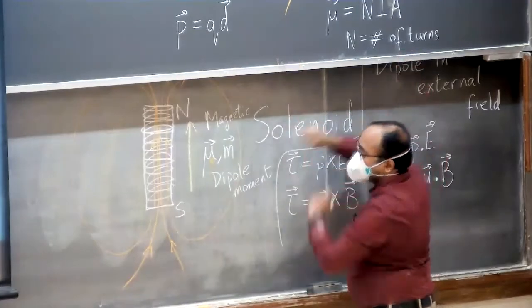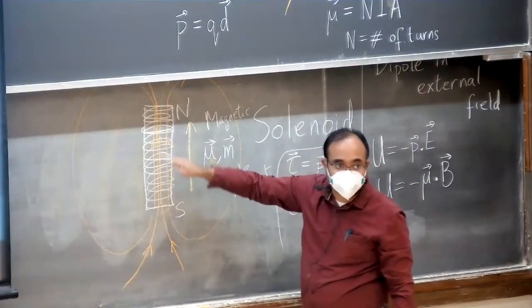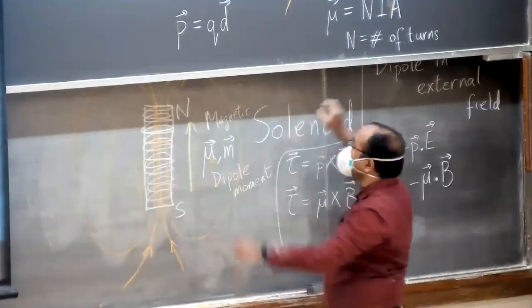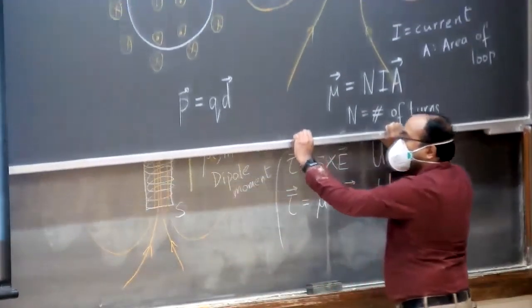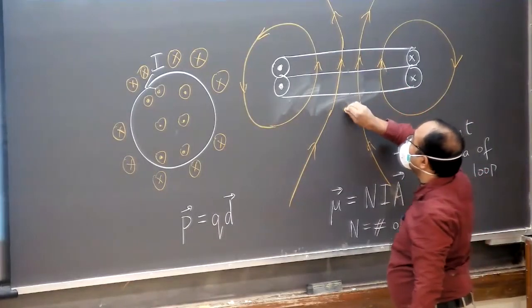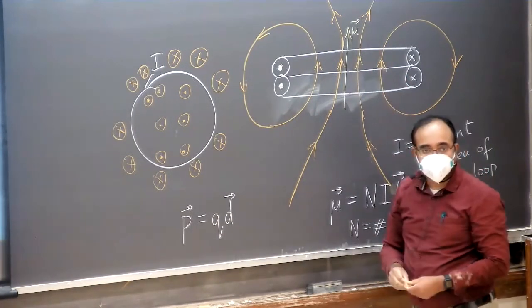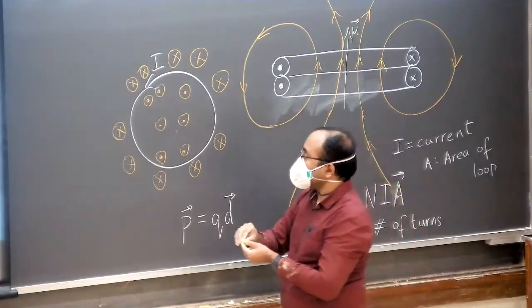What we notice is that that is the same direction as the field in the center of the loop. So if you know the direction of the field in the center, that is the direction of the dipole moment. So this would be the direction. In this case, it would be coming out of the board.